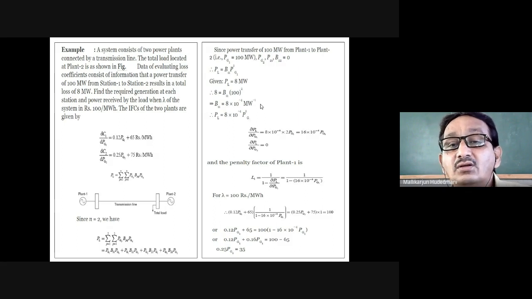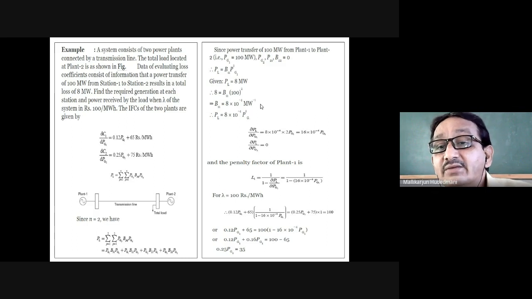Now I know, if I take dou PL by dou PG1 and differentiate the PL equation, I'll get 2 into 8 into 10 to the power minus 4 PG1, which is 16 into 10 to the power minus 4 PG1, one equation.